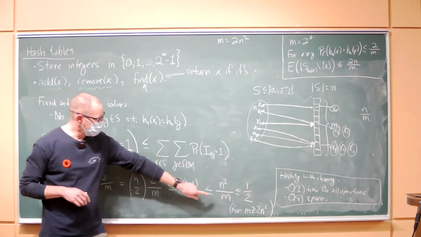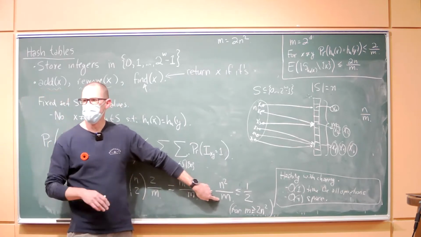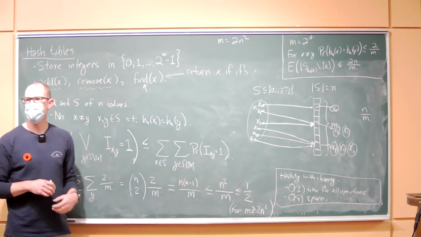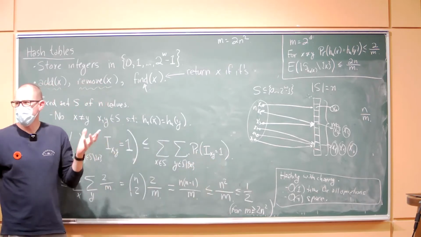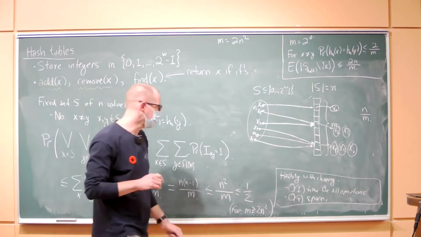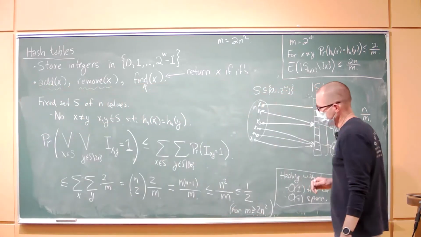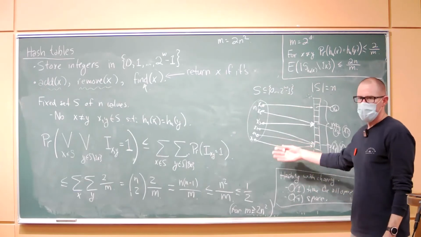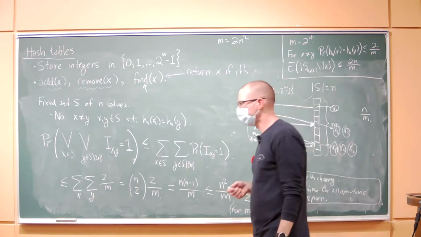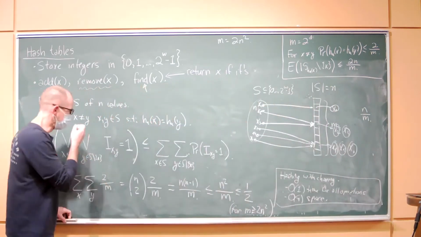So m is the number of different days on which people could be born, n is the number of people, and if the number of days on which people could be born is bigger than n squared, then there's a good chance everybody gets their own birthday by themselves. So that's what's happening here. It's what you would expect to happen if this was a truly random function, at least within a factor of 2.